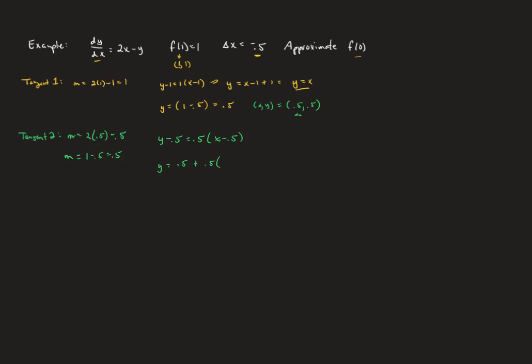We've got y equals 0.5 times, and our 0 minus 0.5 is negative 0.5, plus the 0.5 that was part of our tangent line there. So we're getting y equals 0.5 plus a negative 0.25, which is going to make our y value 0.25. So our approximation to f of 0 is about 0.25 using Euler's method. Very good.